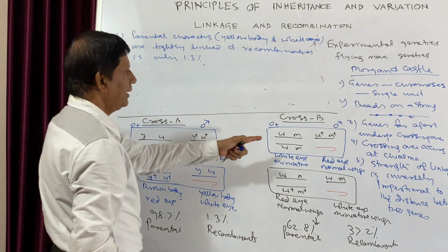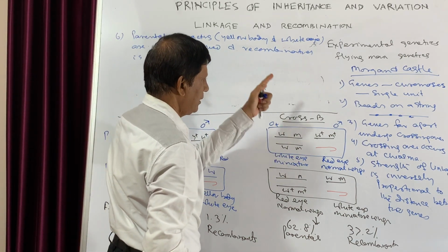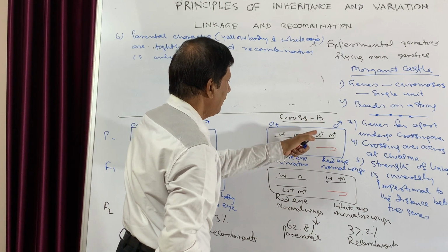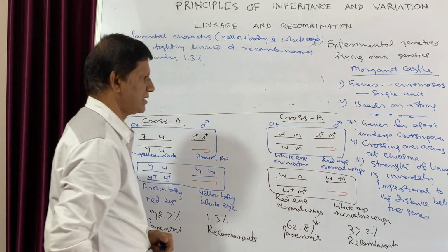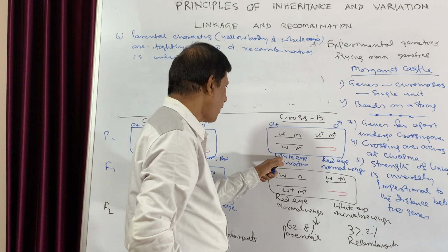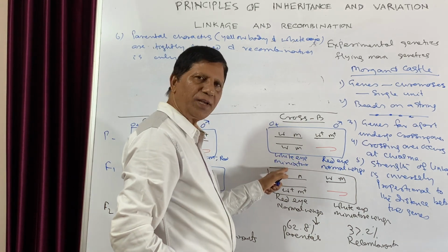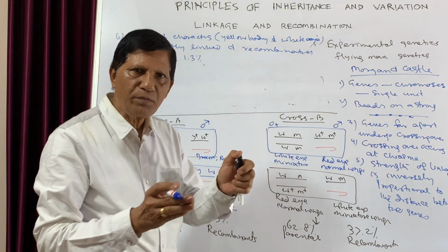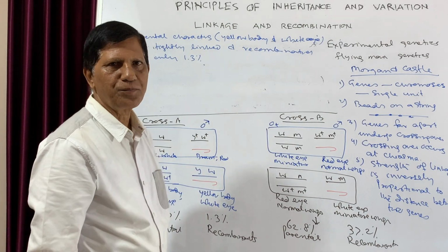Whereas in this case, that is the eye and the wings, that means the white eye and miniature wings are slightly far apart from each other.